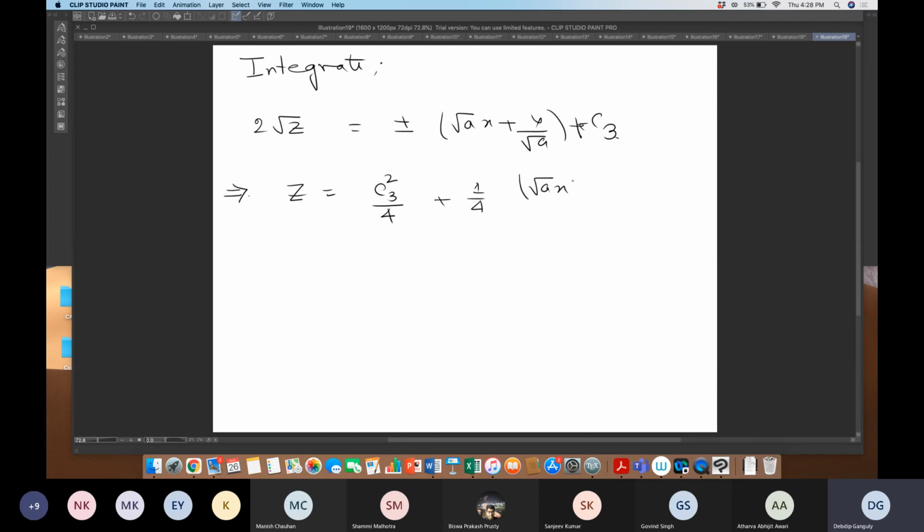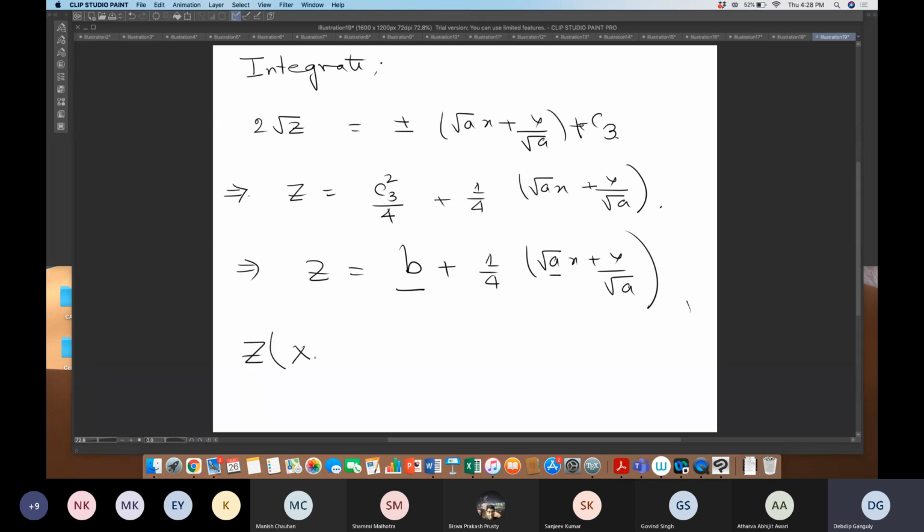You know how to do this, I don't have to say this. This implies Z is equal to some B plus 1 by 4 root AX plus Y root A. So this is your B, this is your A.